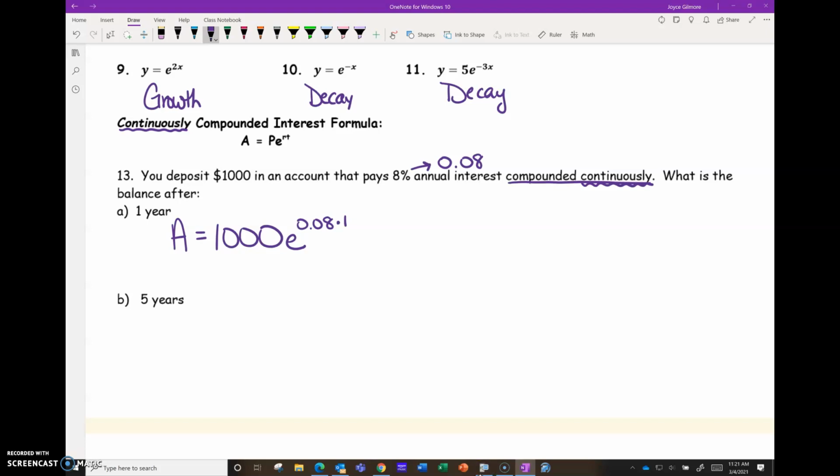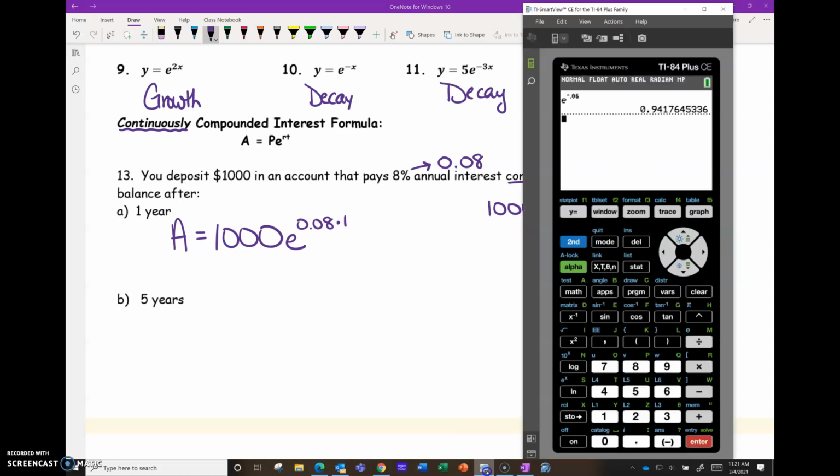When you plug this into your calculator, you're going to type in 1,000, and then your second, your ln button, and then the 0.08 times whatever. You don't really need to do times 1, but, you know, in case it wasn't 1. Close your parentheses, because when you push second ln, it gives you the opening parentheses, so you have to put in the closing parentheses.